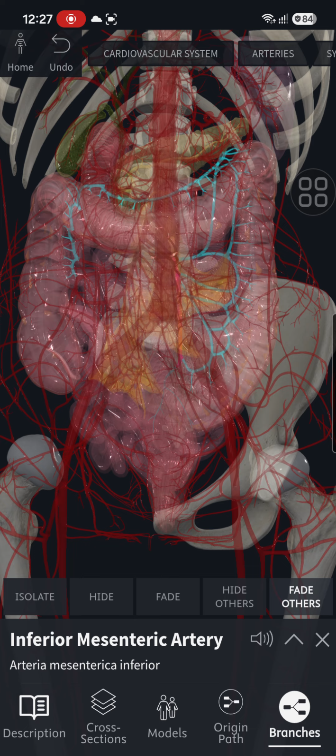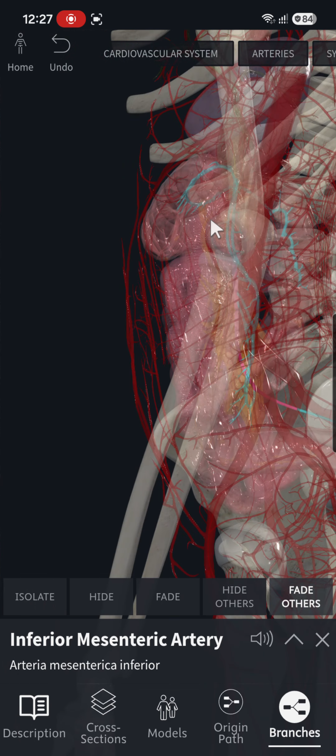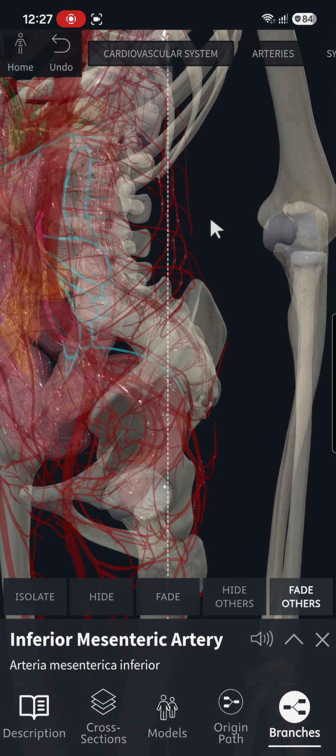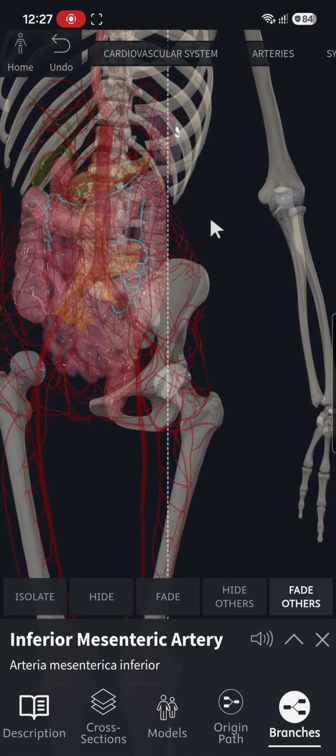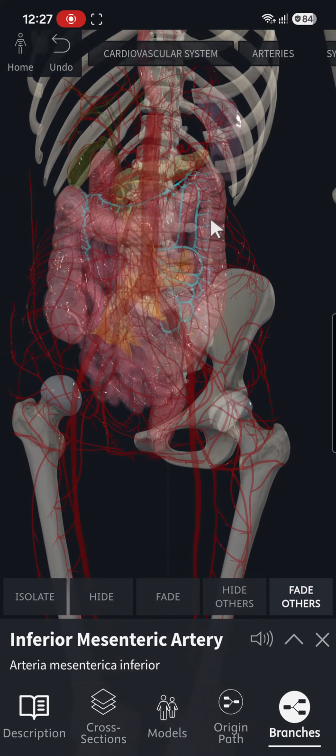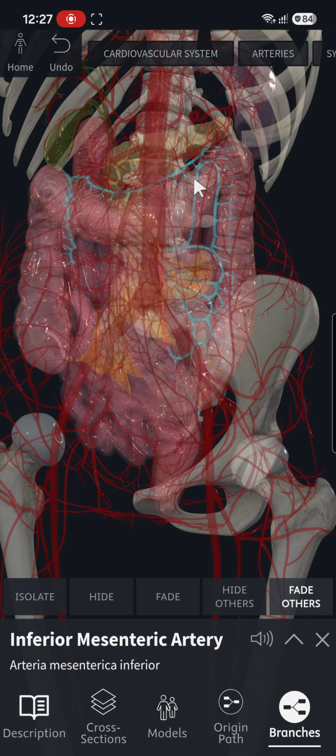Okay, so now we get to the inferior mesenteric artery. I faded the rest of the organs so we can see the inferior mesenteric artery and its branches clearly, okay? Now, let's continue with the digestive system. So we ended here at the 2/3 of the transverse colon, right?